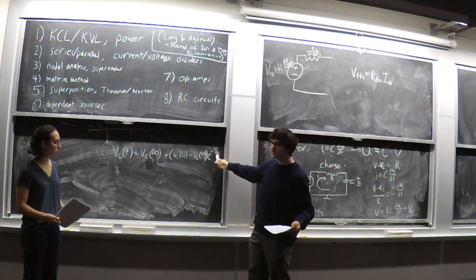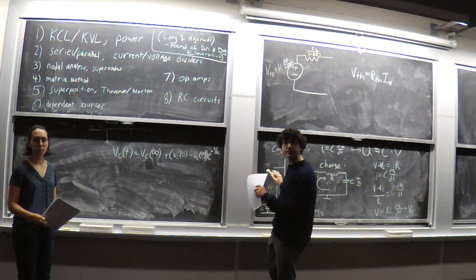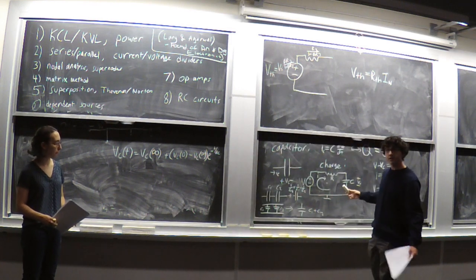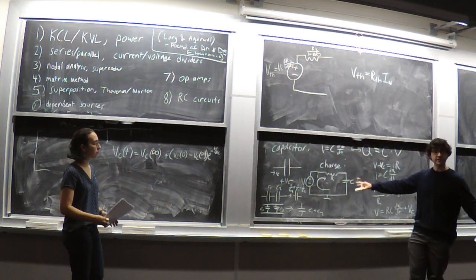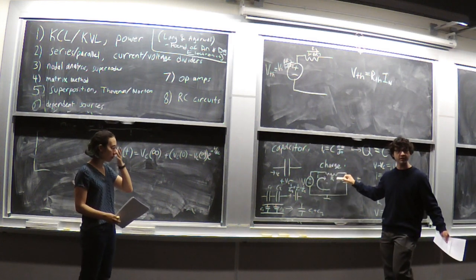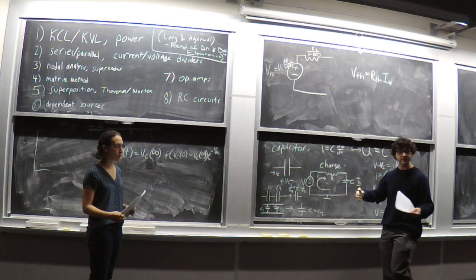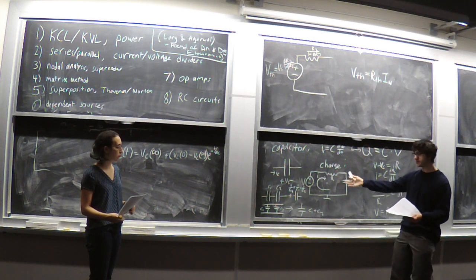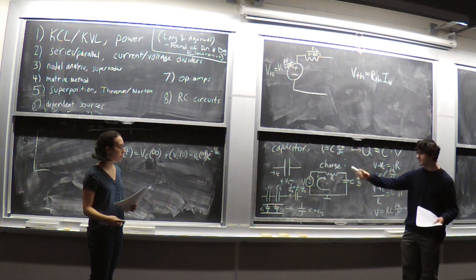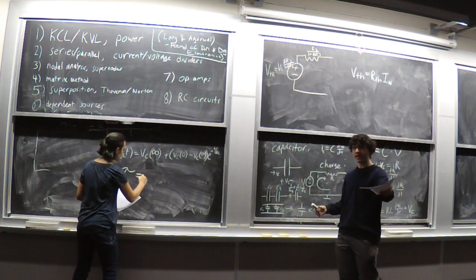But this e to the minus t over RC, the fact that we have RC in here, that's very dependent on the specific circuit. So one very simple modification is, what if I had two resistors here, R1 and R2? Which one would show up there? It would be R1 plus R2 because they'd be in series with each other, and so it would simplify to this case again. But that time constant could change in a more complicated problem.